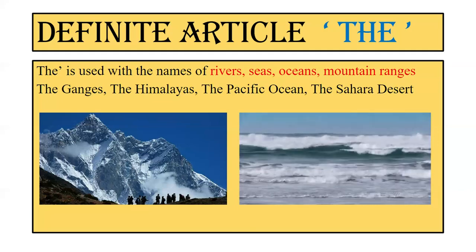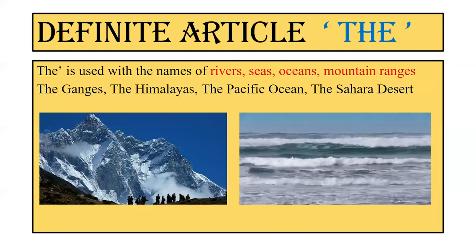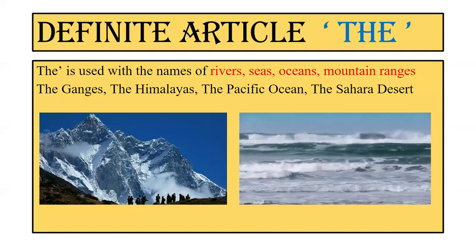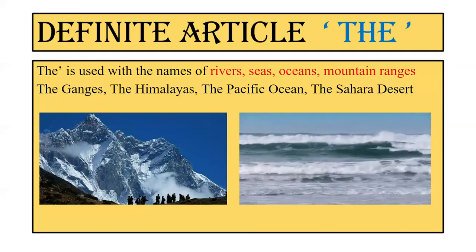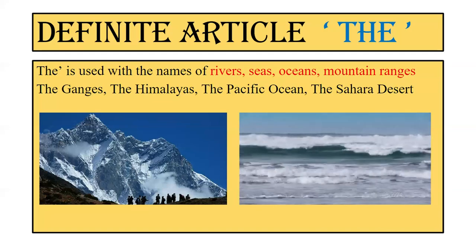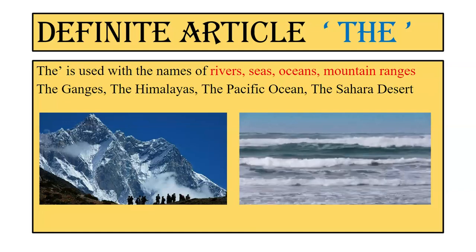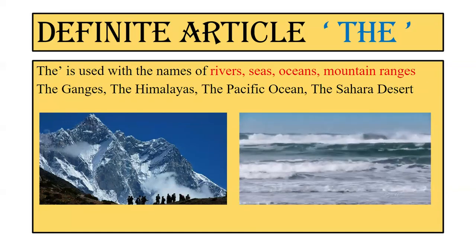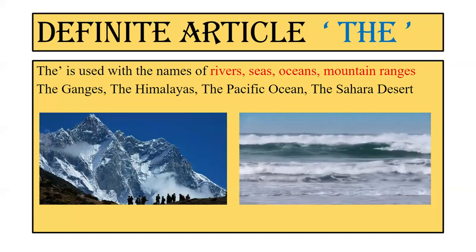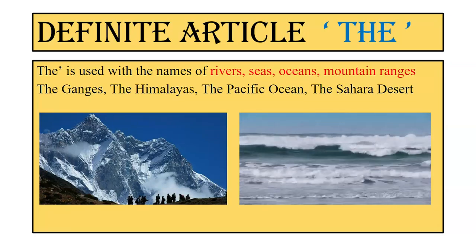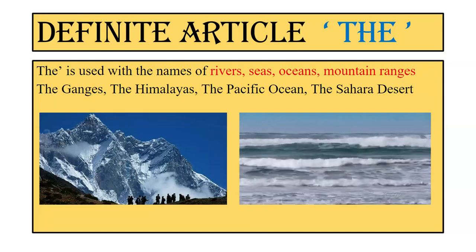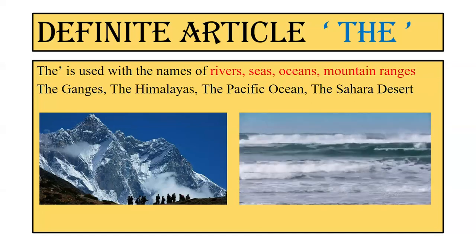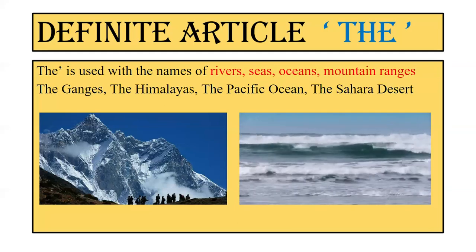It is just the opposite of the article a. We will be taking up some new rules which you have not done in your previous class. So please, children, you need to be very attentive. And please stay till the end of the video and learn lots and lots of new rules and tips.